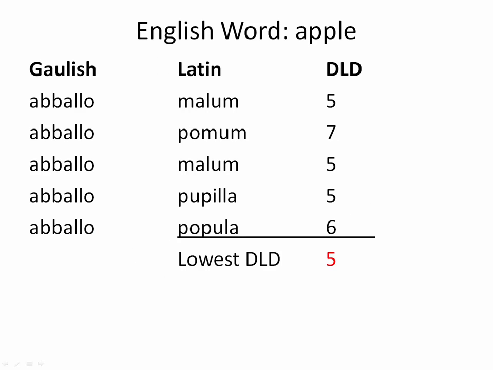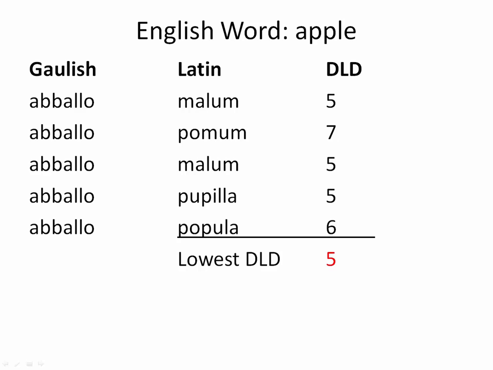Let's now consider a situation of how we will actually use the Damerau-Levenshtein method within this exact example. Previously, when showing you how I use Google Translate, I showed you the example of how the English word apple would translate into 4 different possible words in Latin. These were malum, pomum, pupilla, and popula. We will see here that the word malum is repeated twice because it is shown twice within Google Translate.